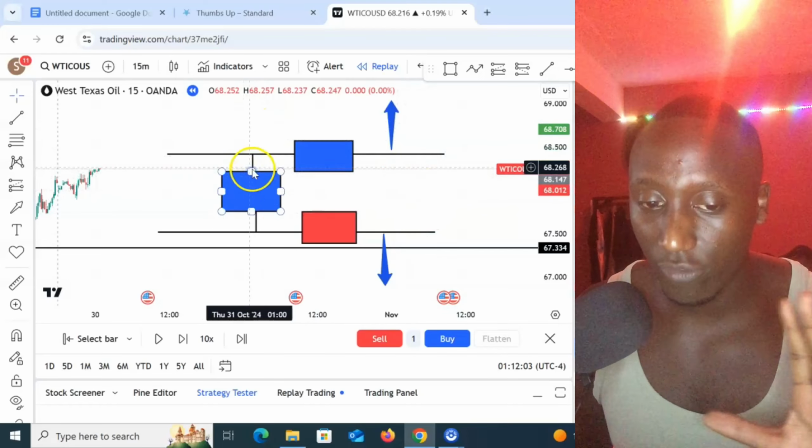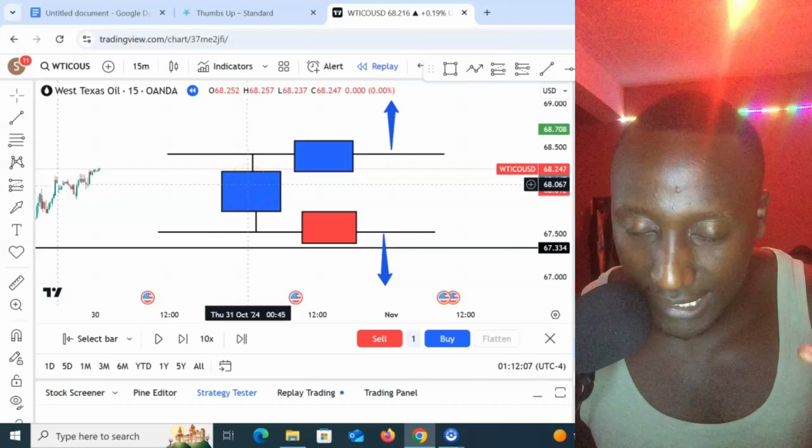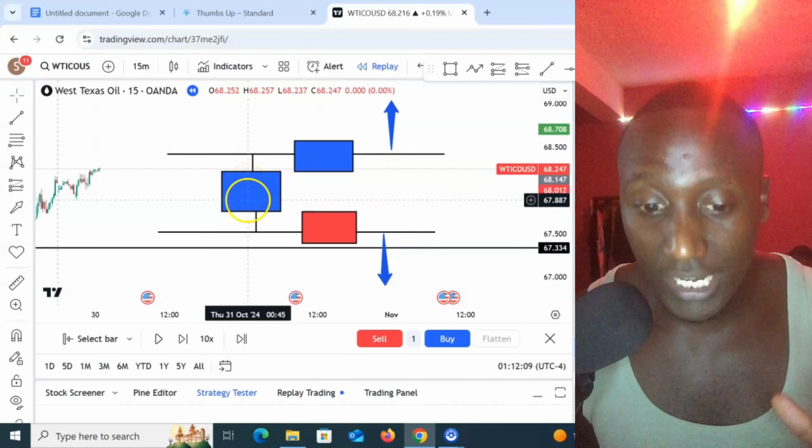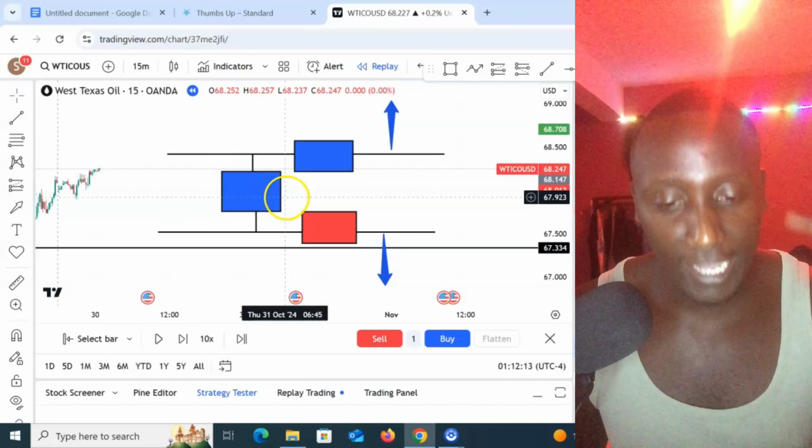And remember, we have only used one candle. So this is the basics of support and resistance. It starts down to the candle.